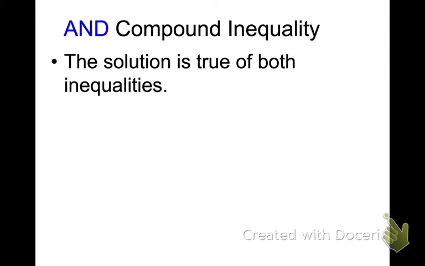So the solution has to be true of both inequalities. This is directly pulled off of the paper sitting in front of you. When I see an "and," I know that it needs to be true for both of the inequalities that are occurring.